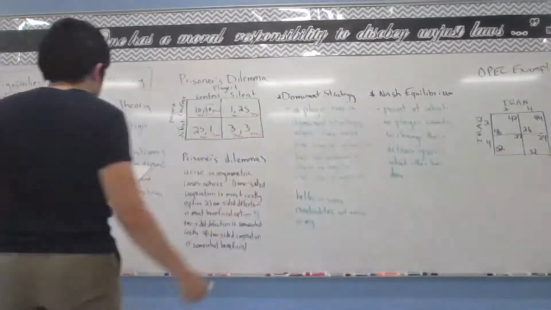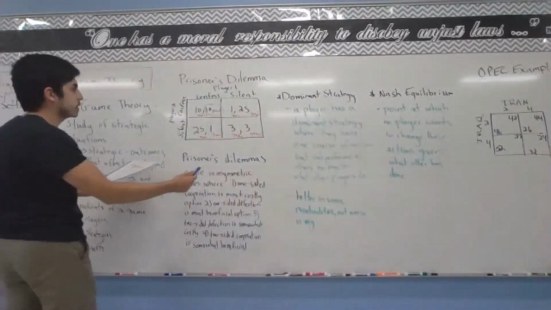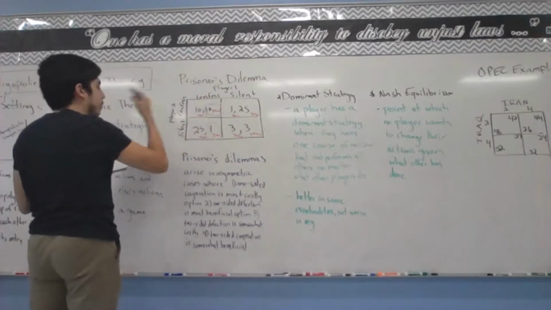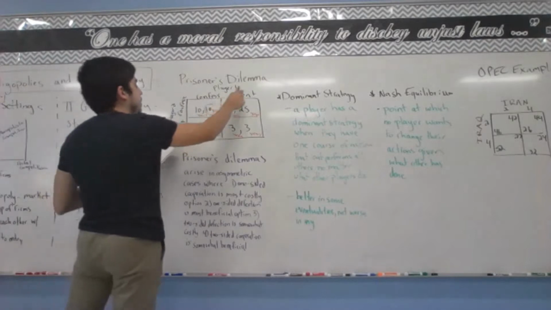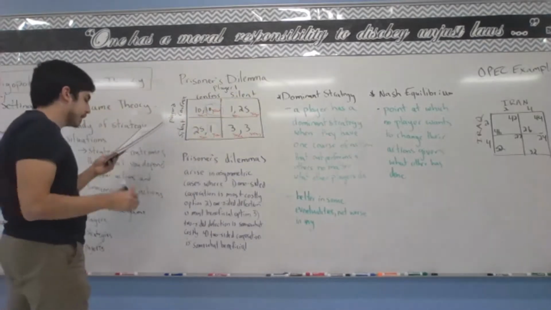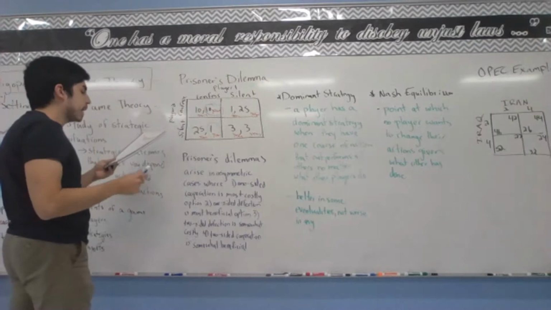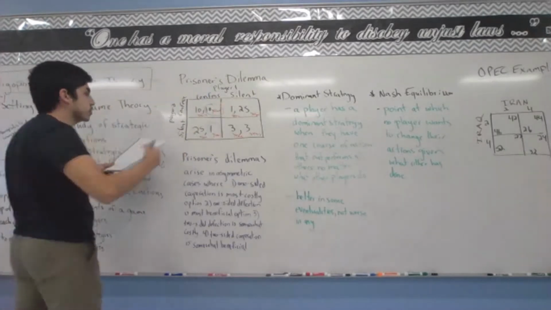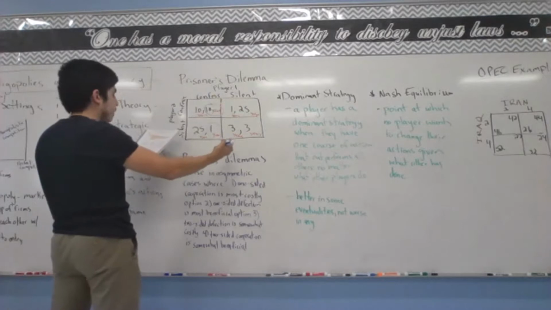And so one way we can think about it is that the strategy to confess for player number one strictly dominates the player number one strategy to remain silent, because the payoffs from the strategy of confessing are strictly greater, right?